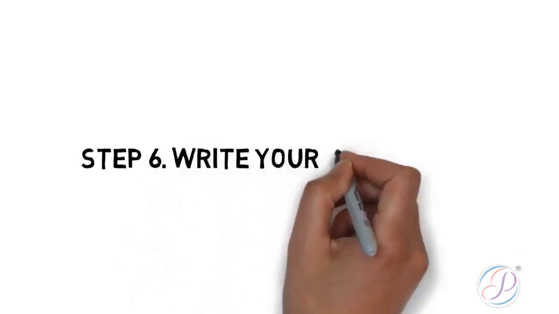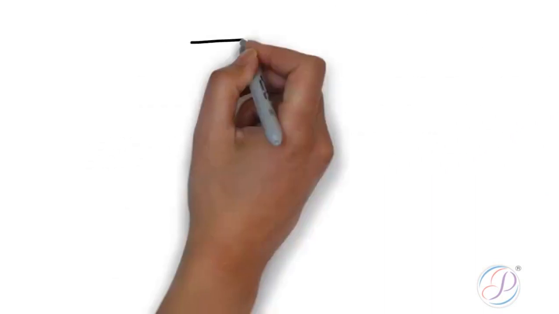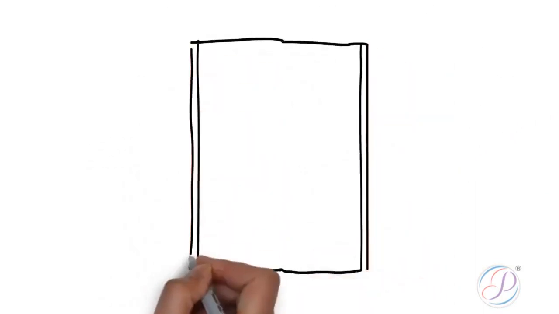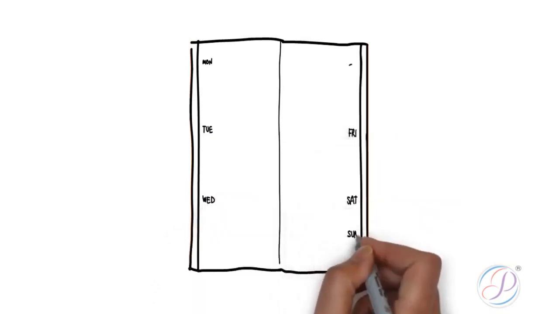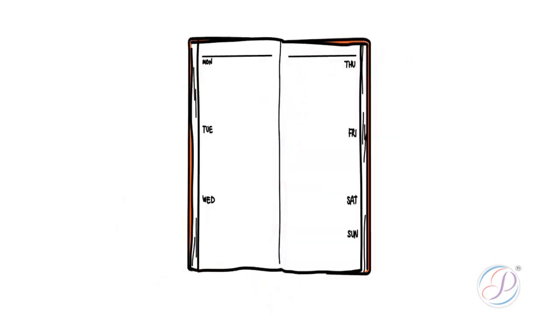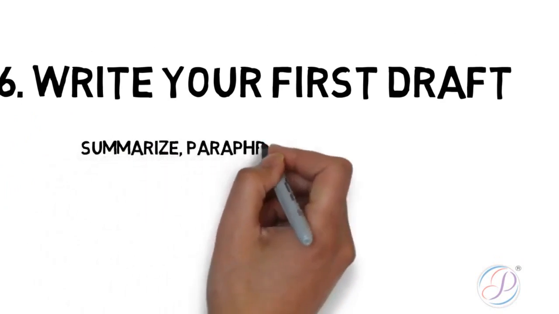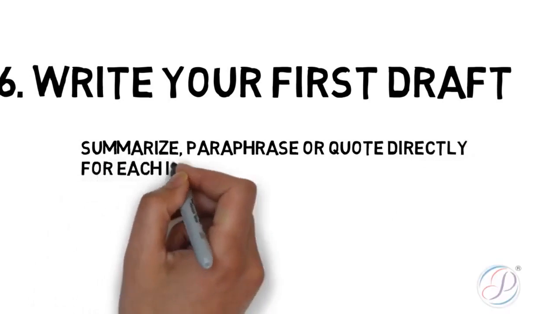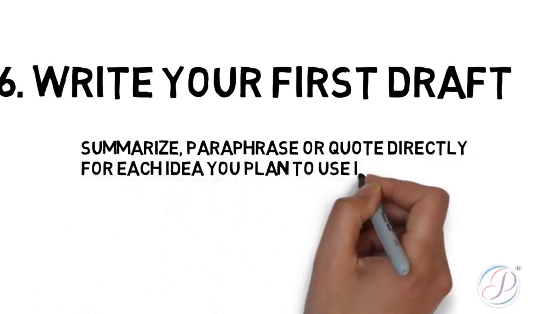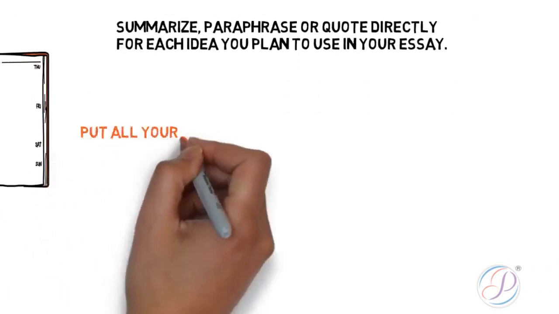Then the sixth step, write your first draft of the research paper. You cannot write the final paper in one go. You have to first prepare a draft from the outline that we discussed earlier. Summarize, paraphrase or quote directly for each area you have noted in your study.